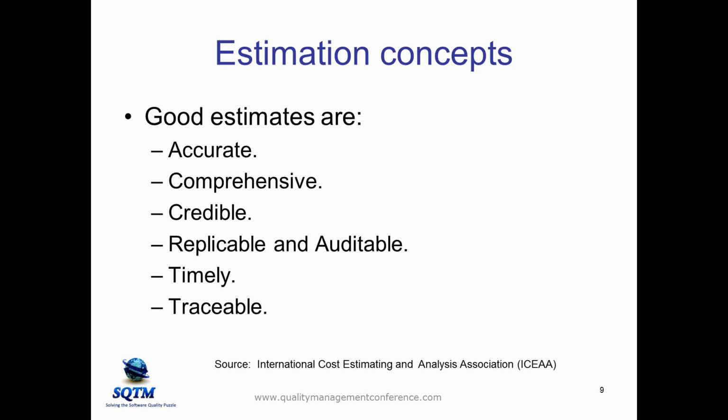And traceability is an aspect of estimation that's often neglected, but it offers an incredibly strong value added to the business. Basically, what this says is we should be able to trace it at the highest level, which is simply tracing it back to the various components that went into it.